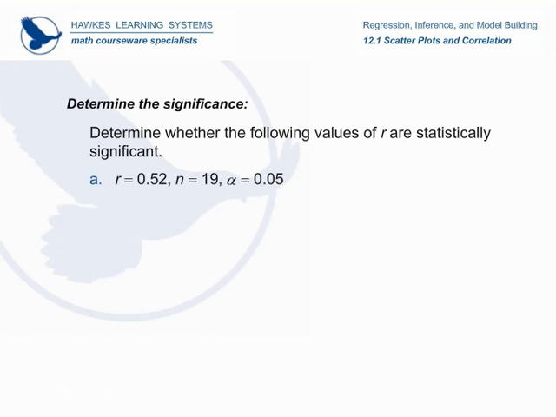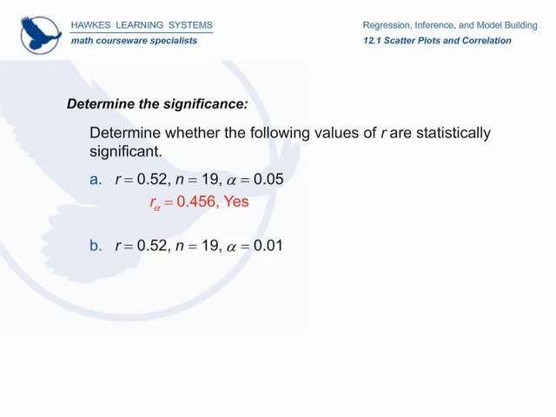The number of data values is 19, n equals 19. Our level of significance, or alpha, is 5%. So r sub alpha equals 0.456. So the answer is yes. Our correlation coefficient is statistically significant.